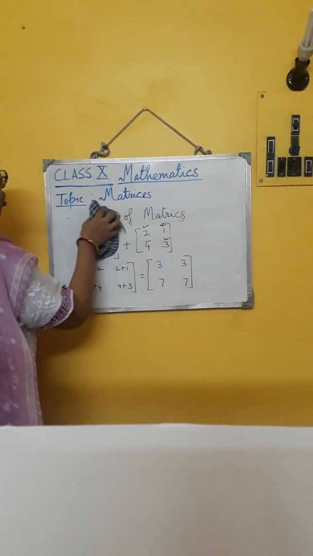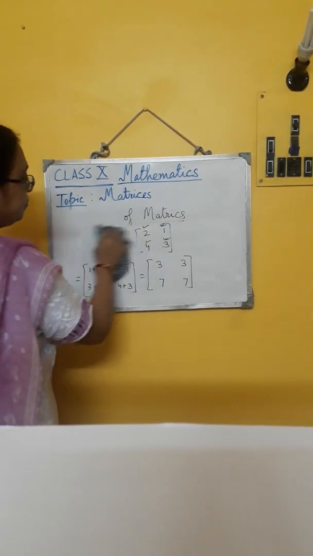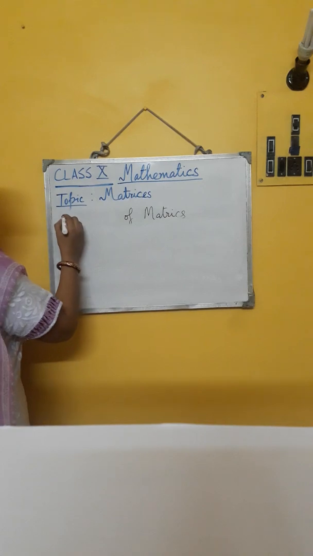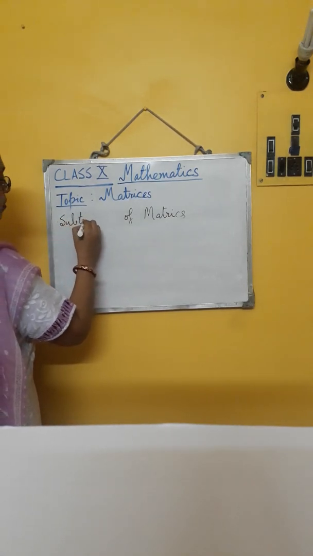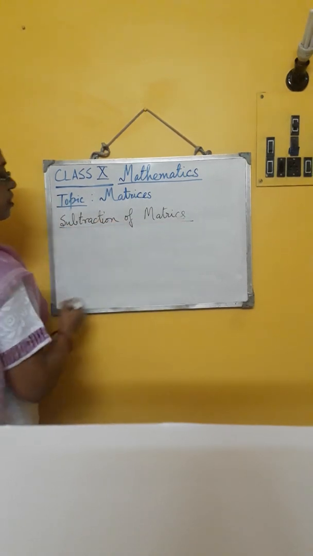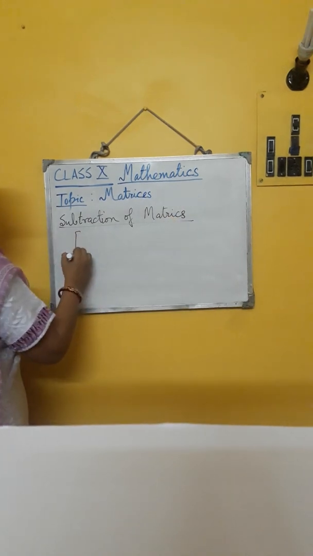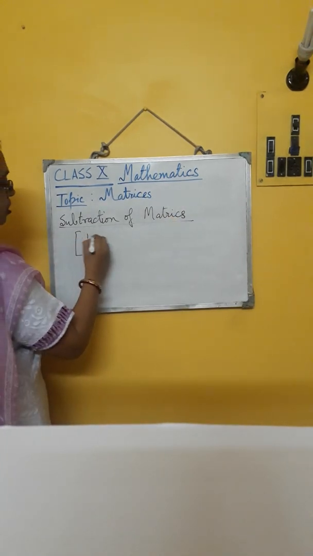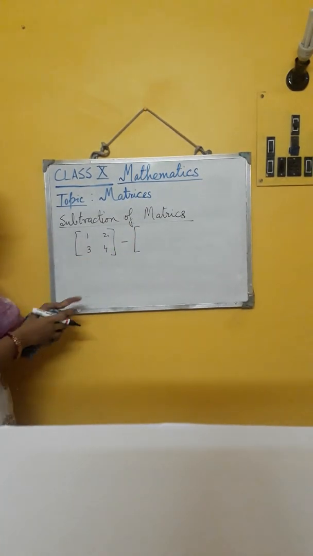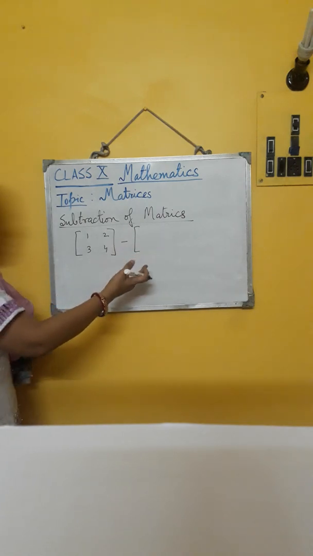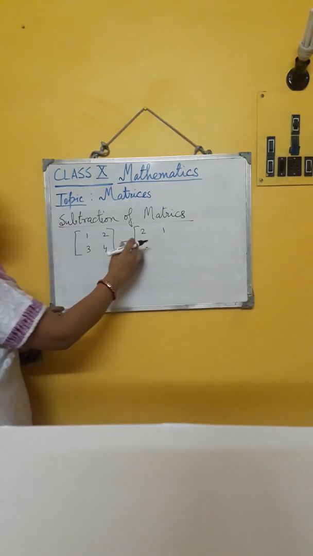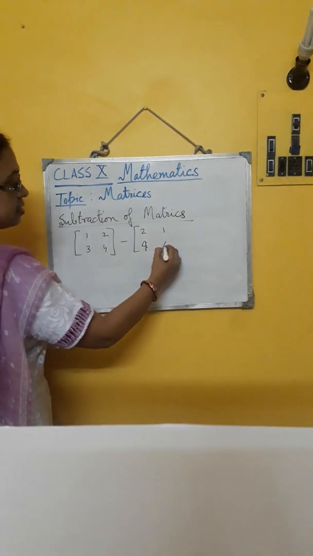Next we are coming to subtraction of matrices. Here we put the values, say 1, 2, 3, 4. This is matrix A. We have another matrix, B, and we write here, say, 2, 1, 4, 6.